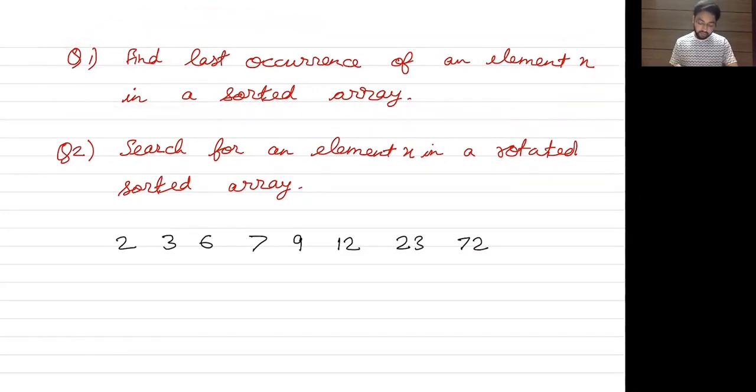The previous question was first occurrence. The only change is that instead of first occurrence, we have to find the last occurrence. So I leave this problem to you to solve. Try building the solution from scratch, step by step, and you'll understand the changes in code that are required.